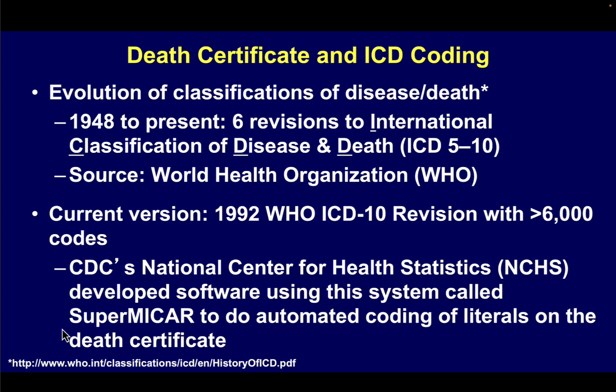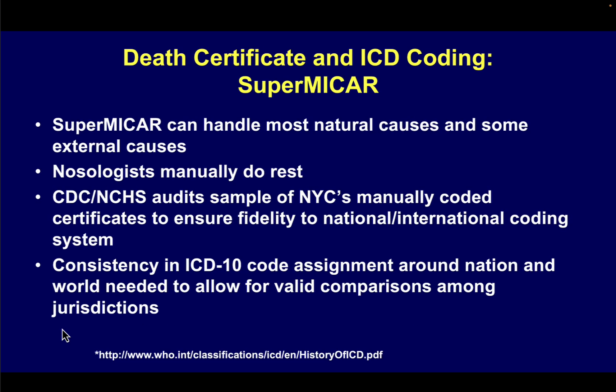SuperMICAR analyzes the information that providers or medical examiners list in Part 1 and Part 2 of the death certificate, and in many cases automatically determines what the underlying cause of death classification should be according to some rules. The SuperMICAR system can handle the coding of most natural causes and some external causes of death, such as injuries.